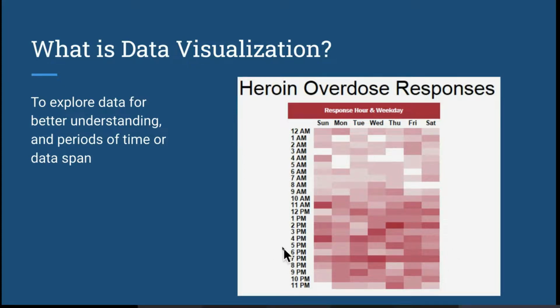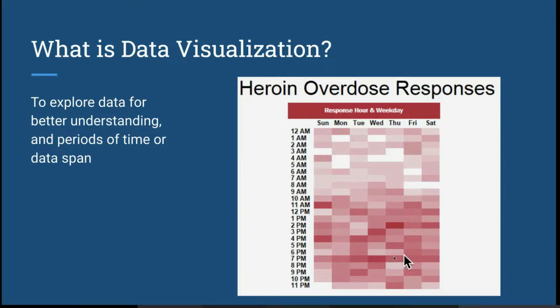These are key important information because it shows that people are more active at this particular time. Between 2 to 3, 2 to 4 p.m., there is a huge increase in the number of heroin overdose cases and so on.